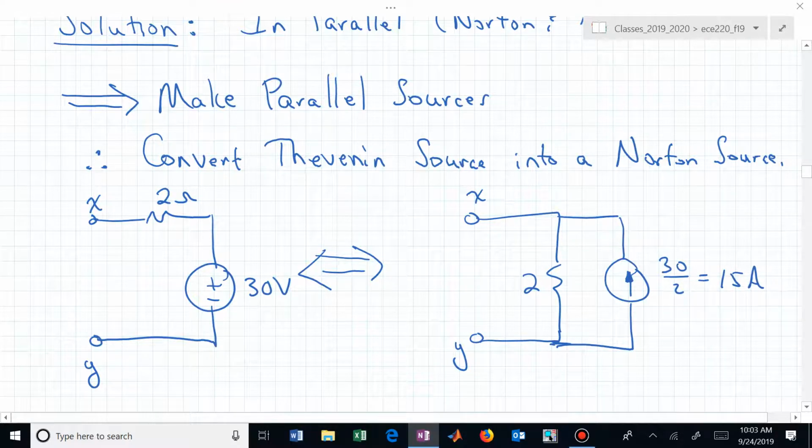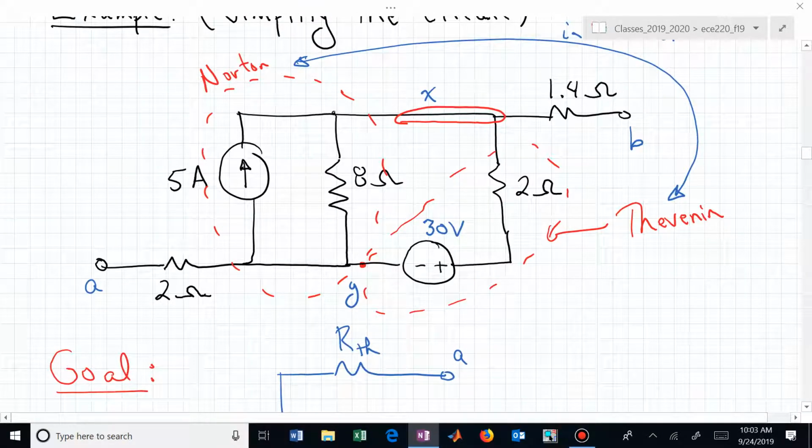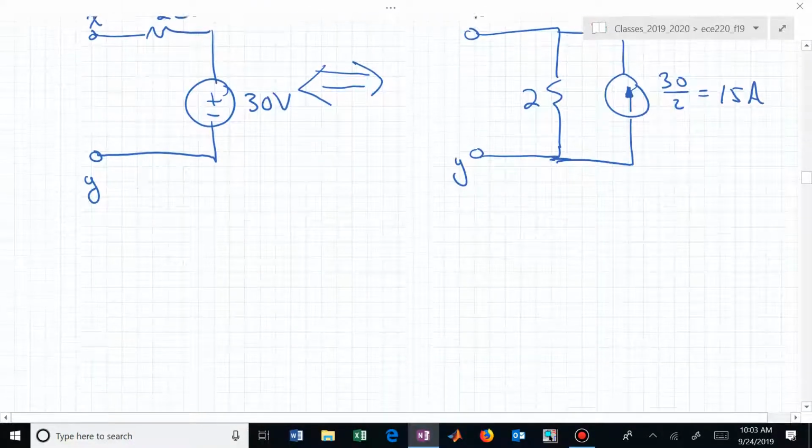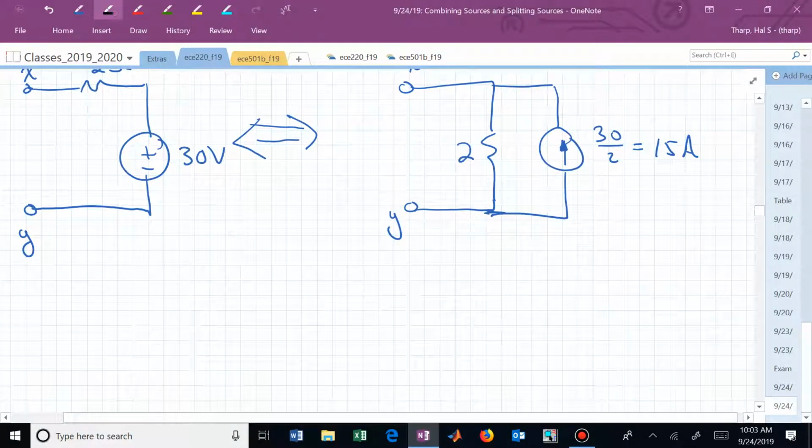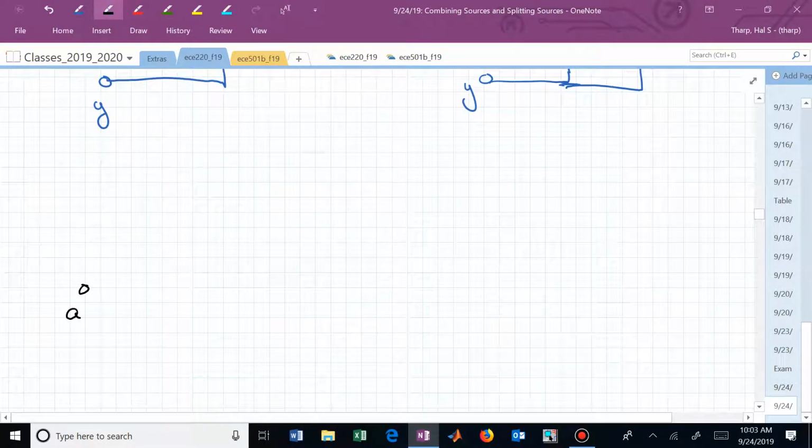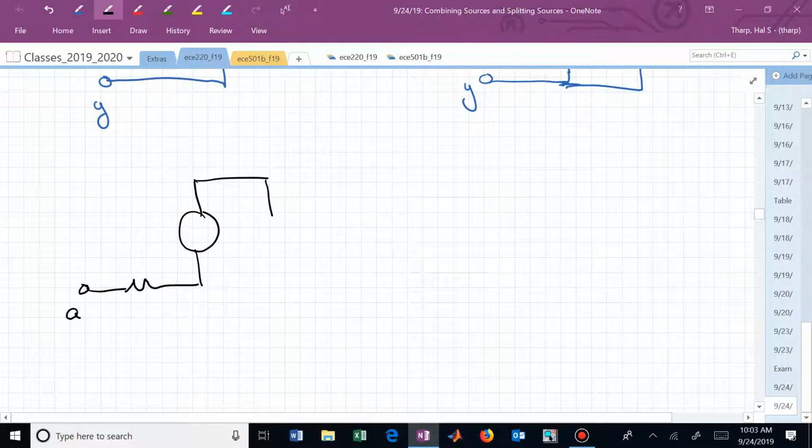Now, between X and Y, do you see where we can put that back in our circuit? We replace that series voltage source and resistor with a parallel Norton source between nodes X and Y. So I now have the following. I have A, and I didn't change anything here.